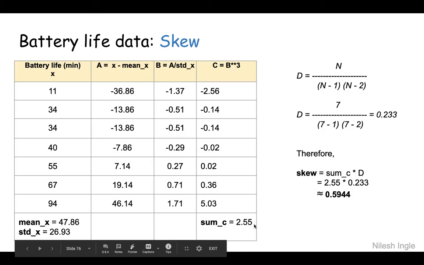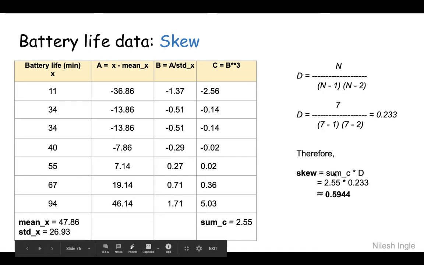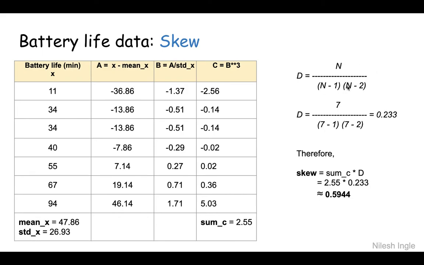Then we are going to put this value of 2.55 in this formula here, where sum C is 2.55, and for D we are going to get that value from this formula up here, which is n divided by n minus 1, n minus 2, and that is 0.233, and thus we get a skew of 0.944. So it's a positive skew, and that's what we can get from this particular calculation.